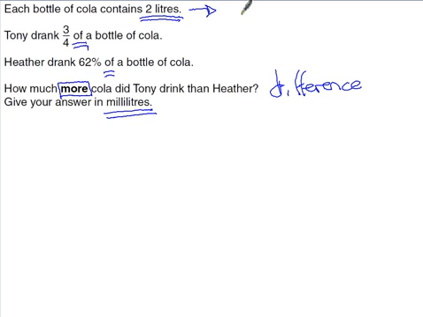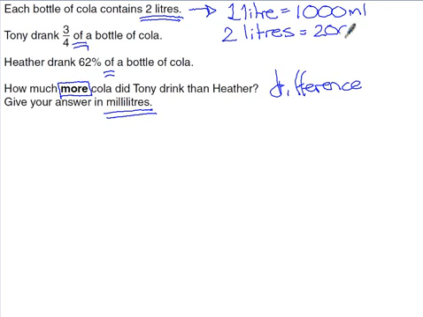You should know that 1 litre is 1,000 millilitres, and so 2 litres, you should already have this answer in your head, is 2,000 millilitres. So that's what we're working with.